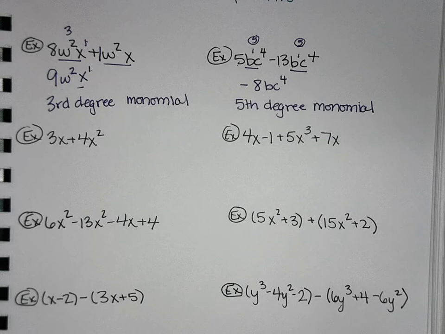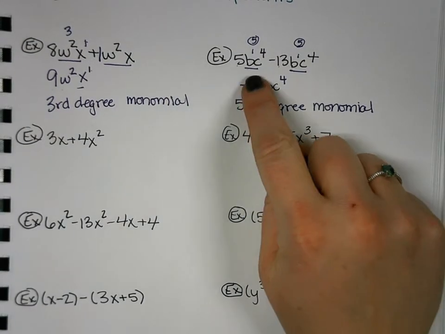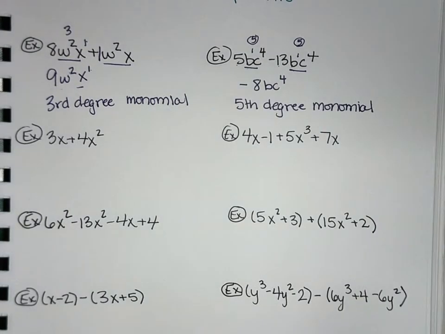You keep those degrees separated. We don't add them together for the whole polynomial, just the terms themselves. So we only look at each product because there's differences between multiplication and addition. Multiplication, we can add the exponents together and be all good. But once you throw addition in there, it throws everything.